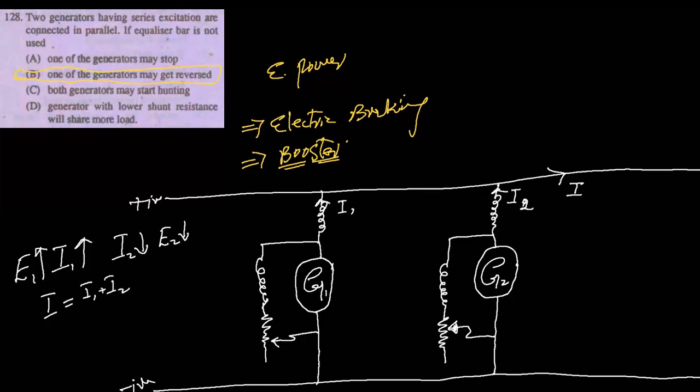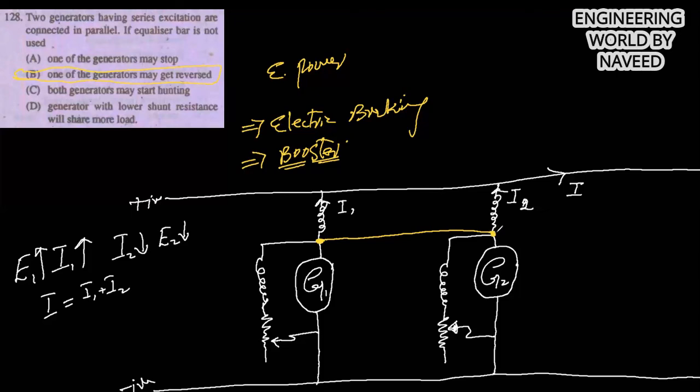So let's draw the equalizer connection. Equalizer connection is just a copper bar having zero resistance. So we short generator G1 and generator G2 at this point.